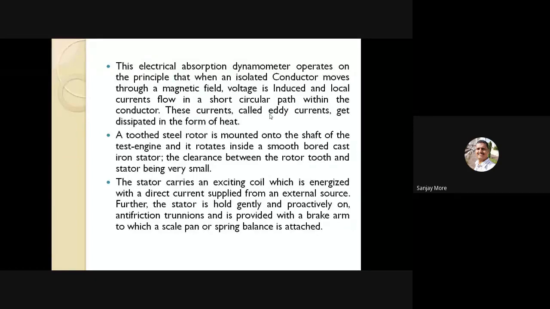The stator carries an exciting coil which is energized with a direct current supply from an external source.